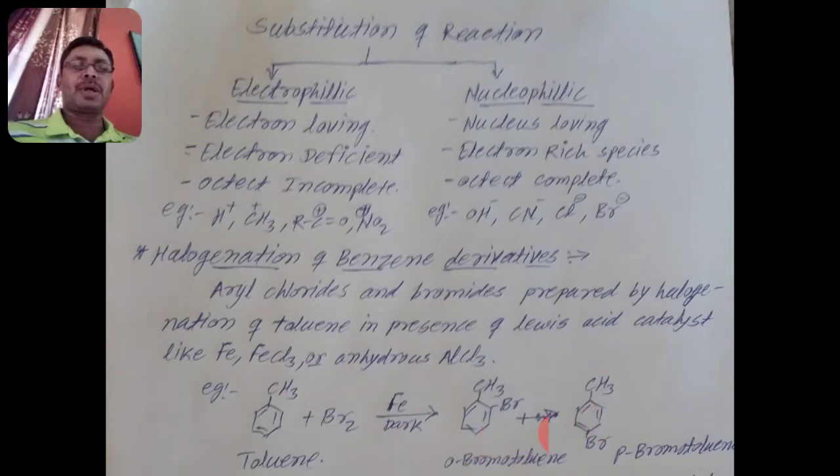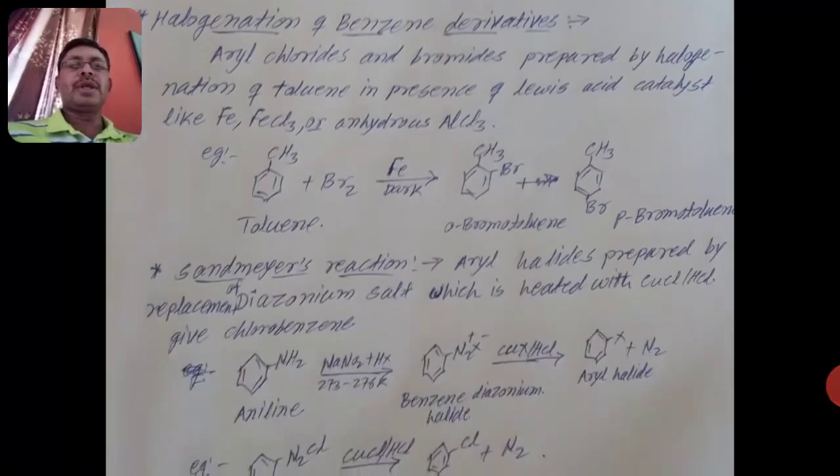One is ortho-bromotoluene and another one is para-bromotoluene. Two types of substitution take place, so we get ortho and para bromotoluene. Such reactions are known as electrophilic reactions.